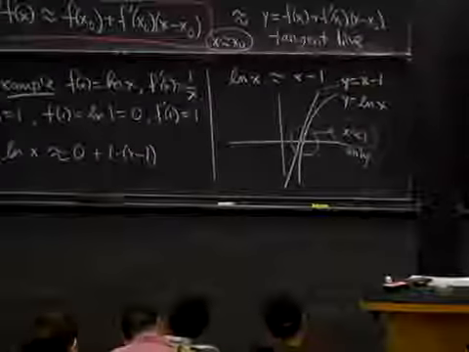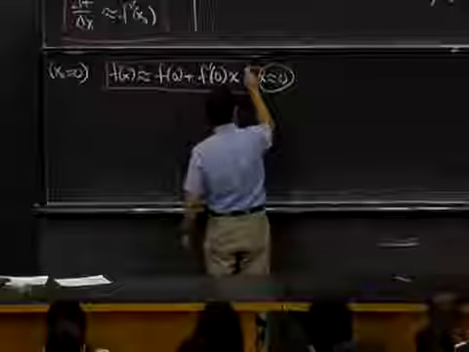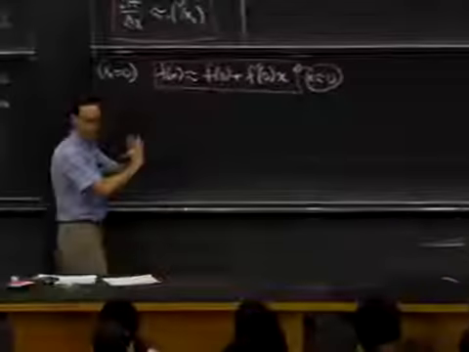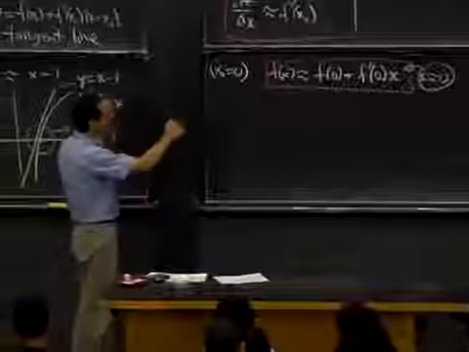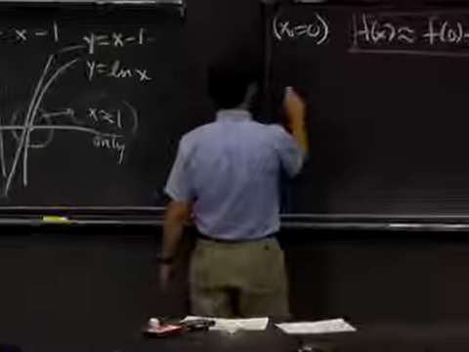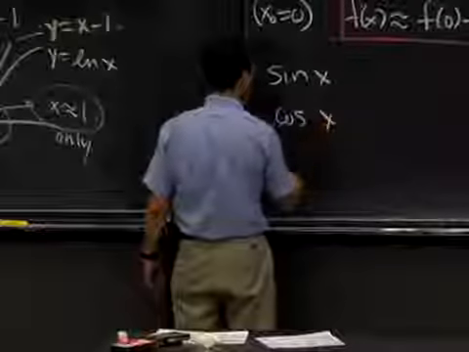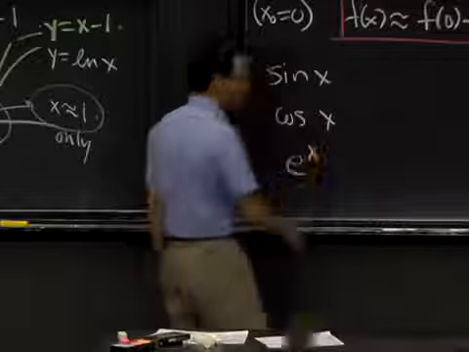So this one works when x is near 0. All right? You can't expect it to be true far away. The curve can go anywhere it wants when it's far away from the point of tangency. So, okay, so let's work this out. Let's do it for the sine function, for the cosine function, and for e to the x to begin with.